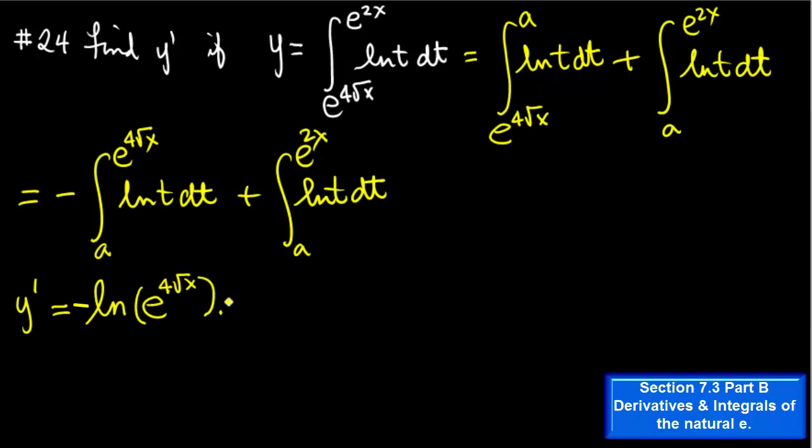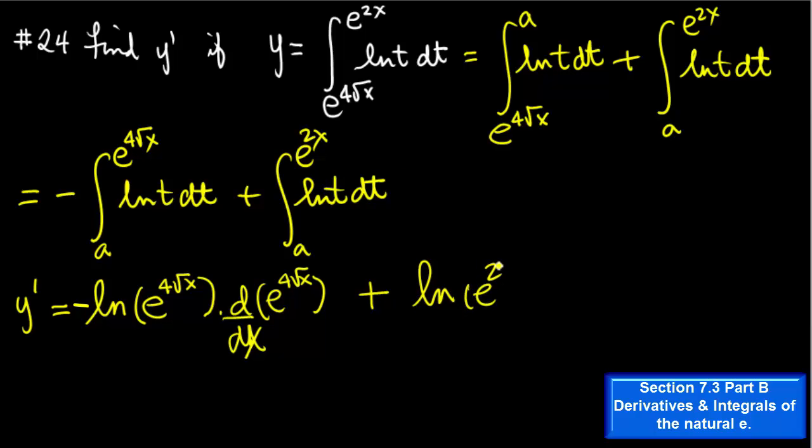Then we don't stop there, because now we take the derivative of e to the 4th root of x with respect to x. All right, then plus, same thing here, if we differentiate this, it's going to be the natural log of, what's the argument? e to the 2x times, by chain rule, the derivative with respect to x of e to the 2x.